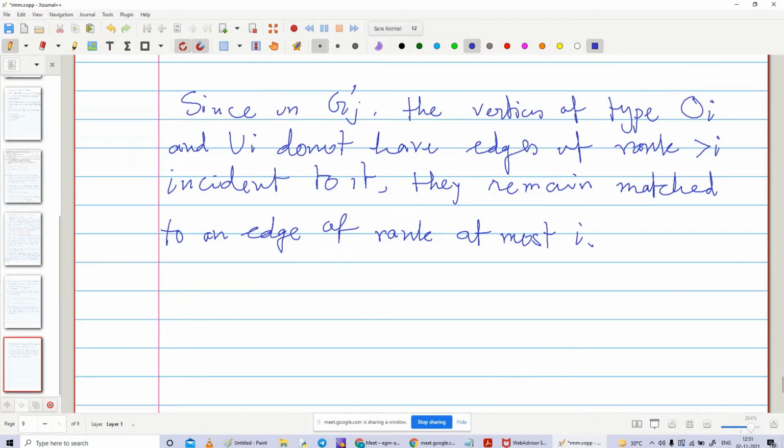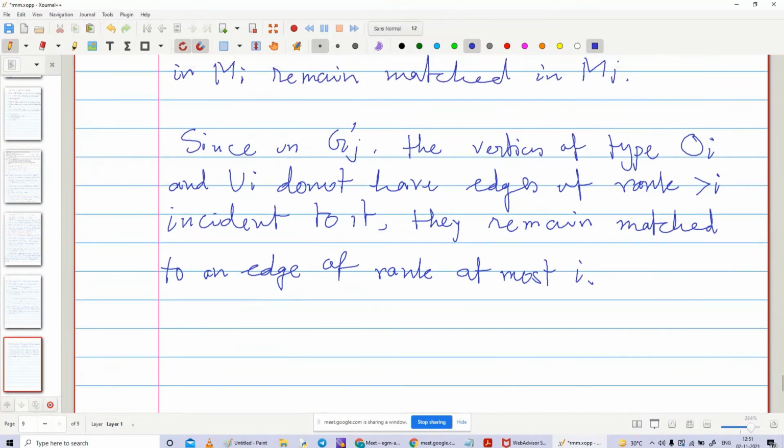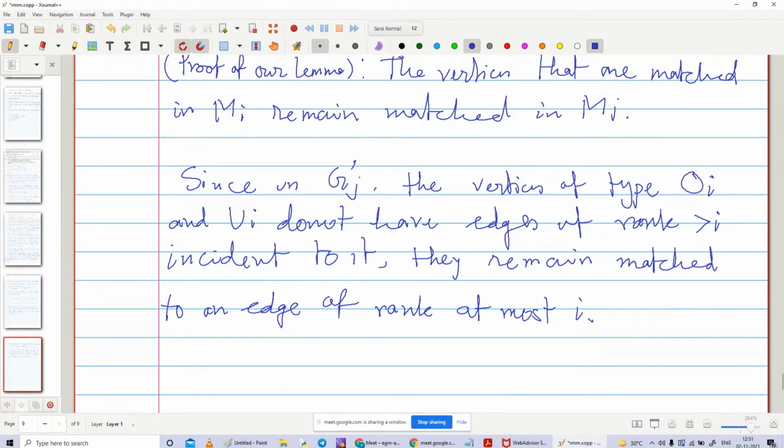So basically, in the graph G prime j, the vertices of type Oi and Ui do not have edges of rank greater than i incident to them. Why? Because these vertices were of type Oi, which means during the ith iteration we deleted all the edges of rank i plus 1 or more incident to those vertices, right?